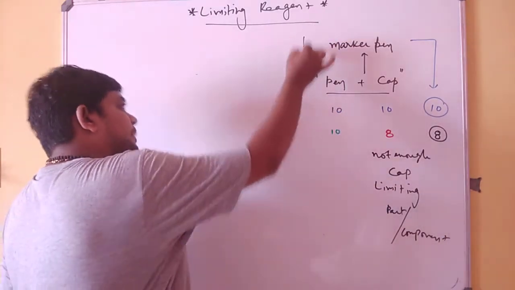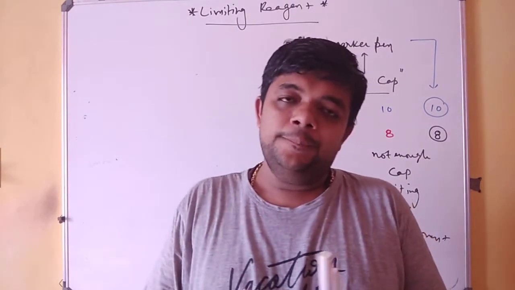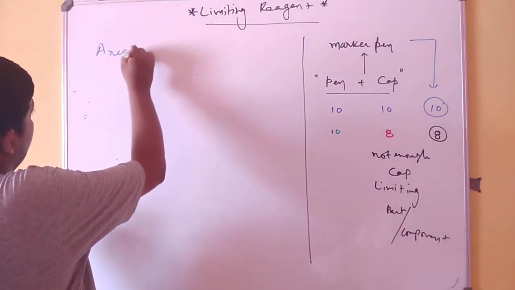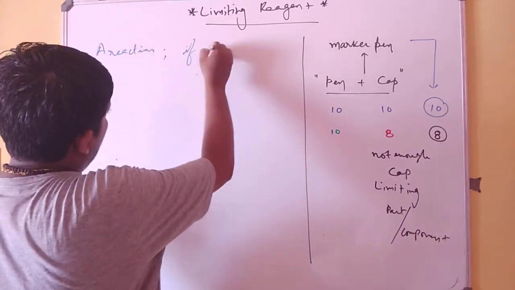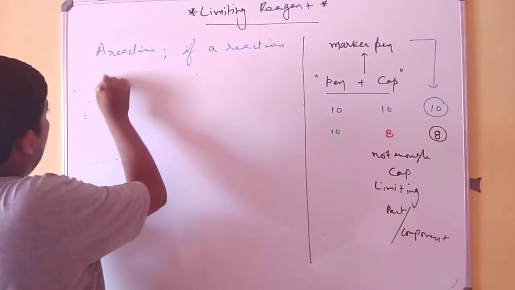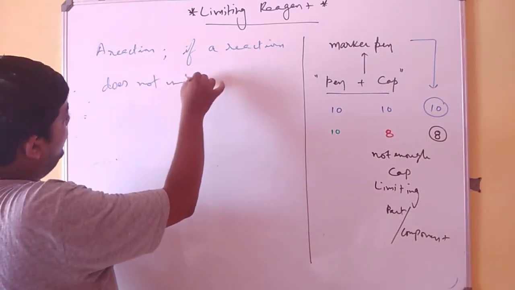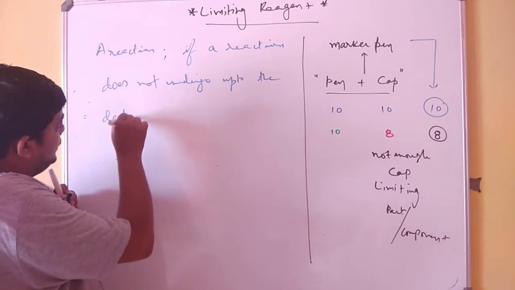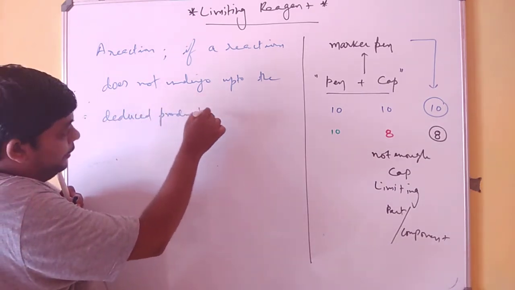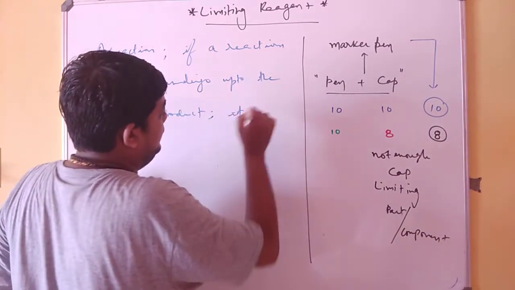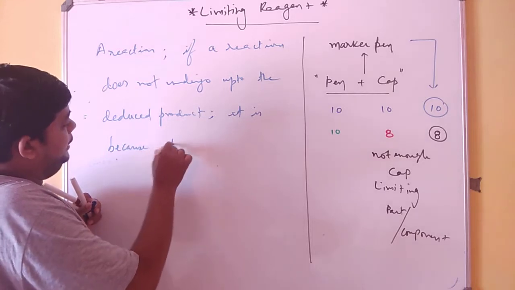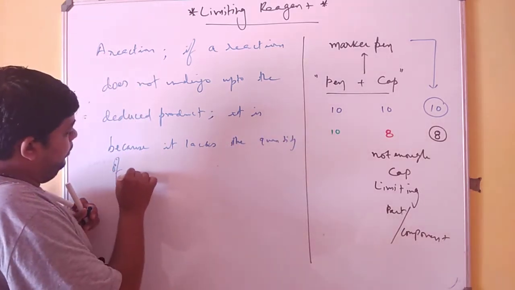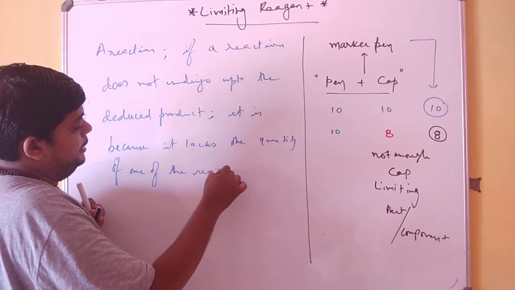Taking this simplest concept from daily routine into chemistry, if a reaction does not go up to the deduced product that we have calculated theoretically, it is because it lacks the quantity of one of the reagents.